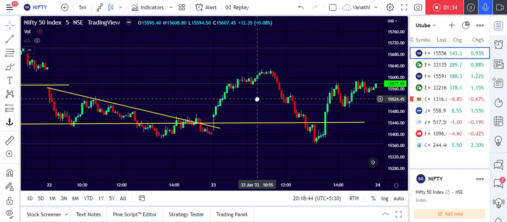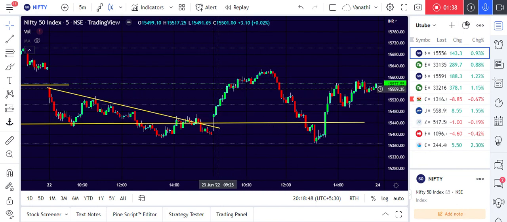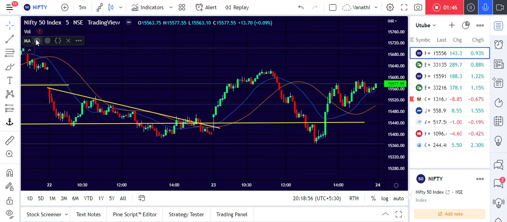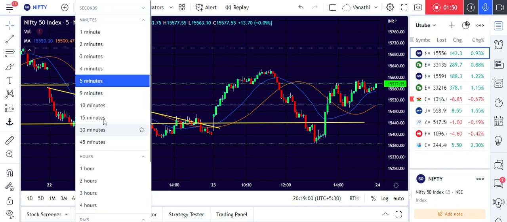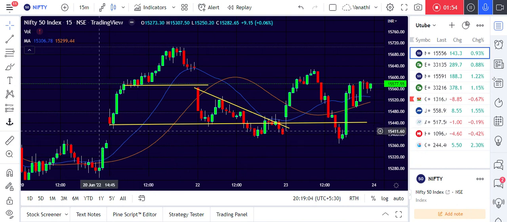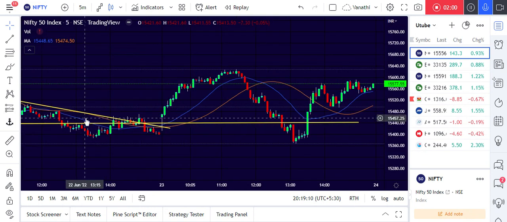Once it was moving up and coming down, I thought, okay, it is somewhat like a rounding top. So what I have done is I applied this moving average. You have already known about this moving average, I have posted about it. This is a 15 minutes time frame, but since I am trading in 5 minute duration, I am taking this one.